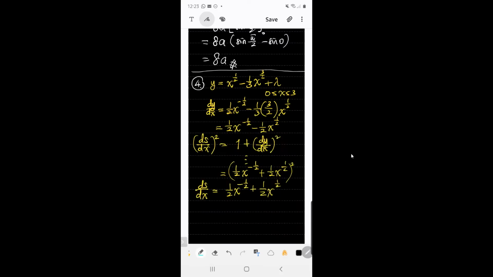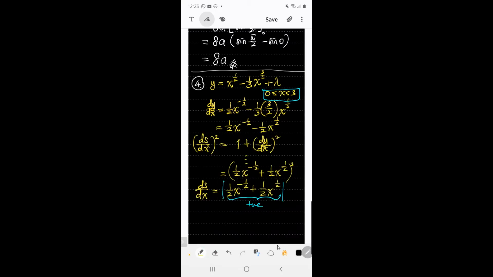But why do I ignore the modulus in this case? Because the domain of x given here is between 0 and 3, and when x is between 0 and 3, the values inside are always positive. So no need for the modulus in this case.